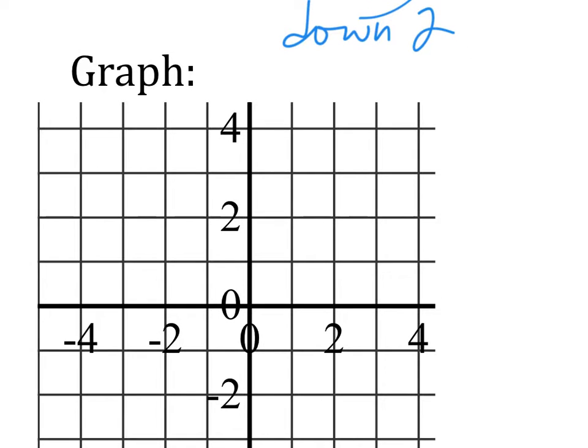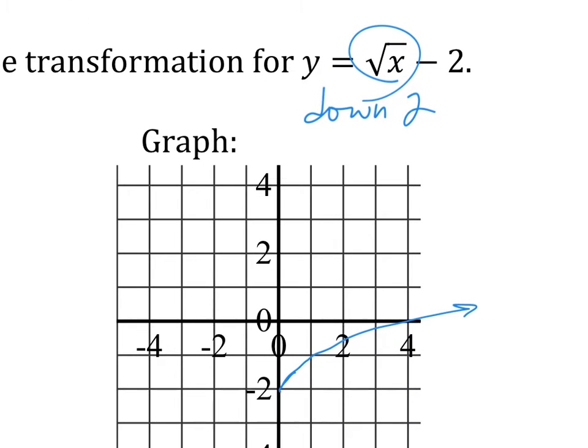Right, so the regular square root function looks like this. We're going to move it down 2. Does that make sense? So just a normal one, move down 2. Okay, regular square root function, move down 2.